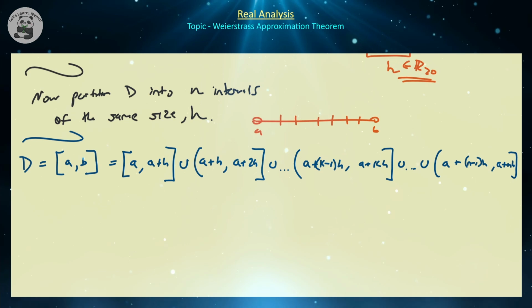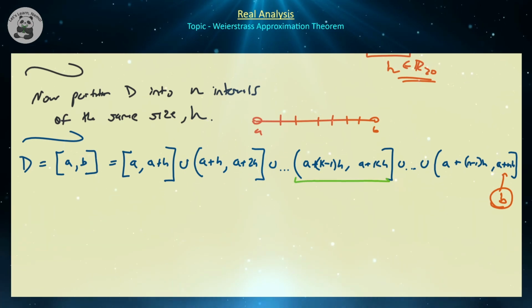And here, A plus nh is actually the same thing as b. All right? And here, this k, this general term, ranges from 1 all the way down to n. All right? So that's going to be our general interval.